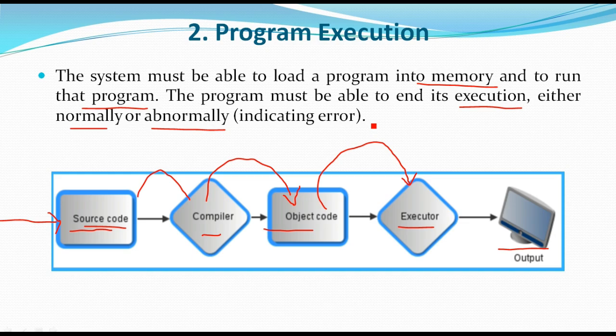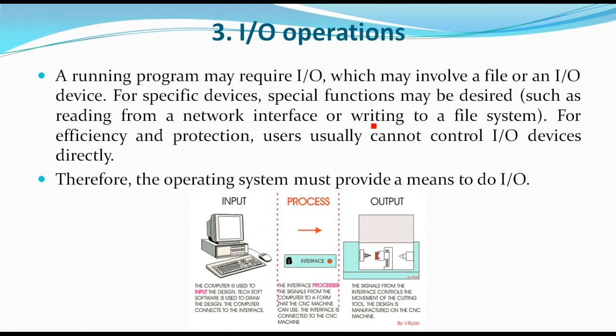The third service is IO operations. As we know, every program requires an IO operation, which may involve a file or an IO device. With the help of a file, we can input some value to the program and obtain the result, or we can perform the IO operation through the IO device and obtain the result.